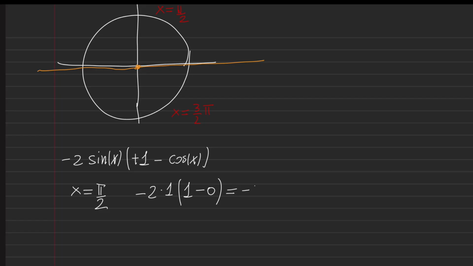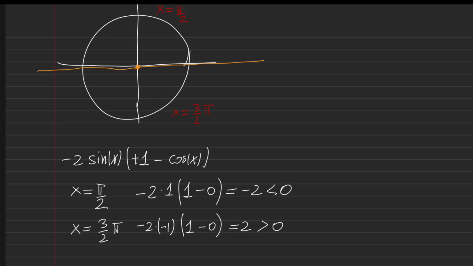This is -2, which is negative. And for x equal to 3 over 2 pi, I get -2 times -1 times 1 minus the cosine of 3 over 2 pi, which is still equal to 0. So this is 2, which is bigger than 0.